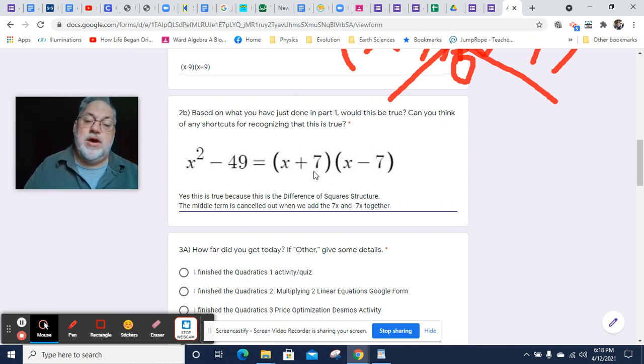You have a sum of two things and a difference of those same two things being multiplied times each other. This will be a 7x. That will be a negative 7x. We'll still have an x squared. We'll still have a negative 7, or you have a 7 times negative 7. So you get your x squared and your negative 49. And then there's a 0x in the middle that we don't tend to write. I hope that was helpful.